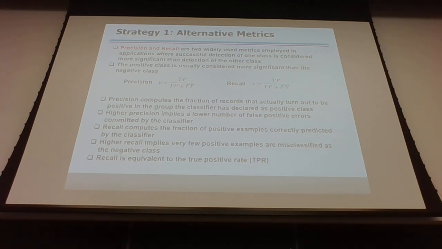And recall is true positive divided by true positive plus false negative. So this solves the problem of class imbalance, because you are not biasing towards true negatives. There is no true negative in precision and recall. So this is good. You use precision and recall to identify the positive class.